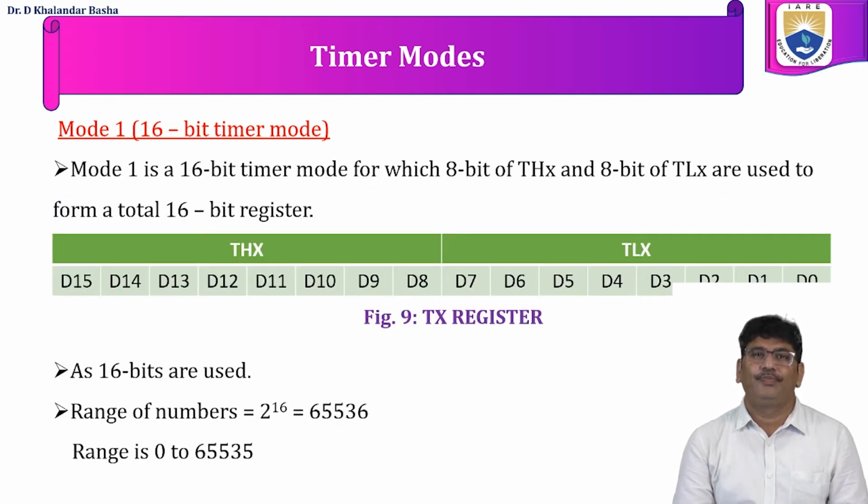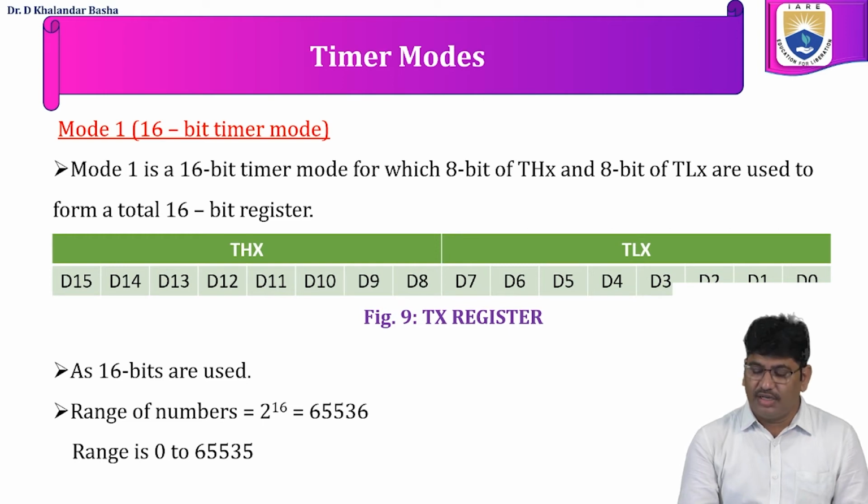Next, mode 1. When we configure the timers in mode 1, it will act as 16-bit timers. Mode 1 is a 16-bit timer mode for which 8 bits of THX and 8 bits of TLX are used to form a total 16-bit register.